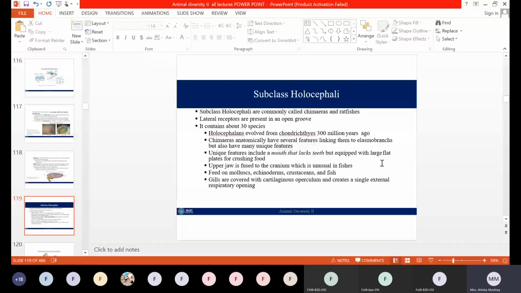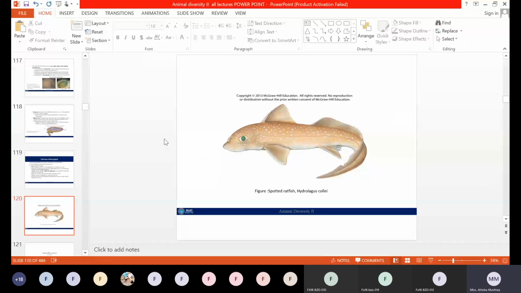And its examples include the chimeras, and here you can see in the diagram the ratfish. If we talk about chimera, they have a large head with a small mouth, right?